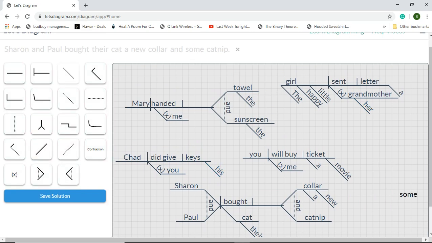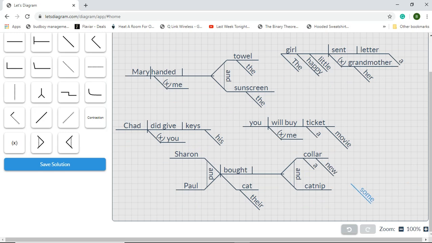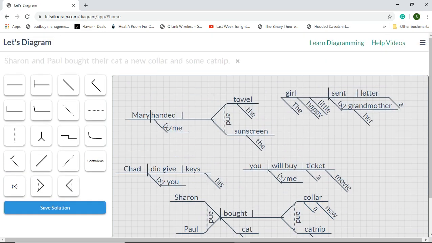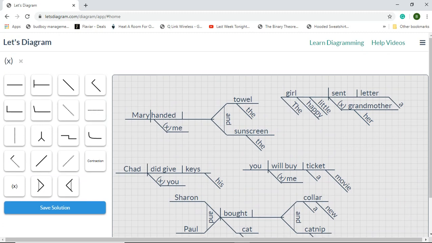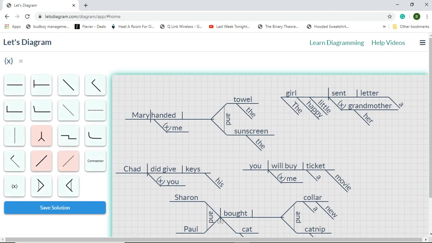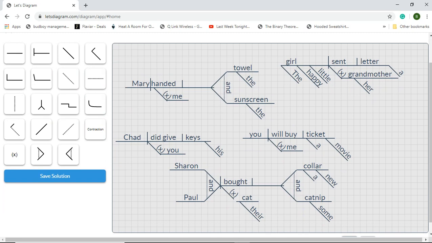Some is an adjective modifying catnip. It's telling you they bought them some catnip. Good. Now let me do this because I forgot to put my indirect object X. That gets rid of the preposition. So the preposition, we have the X right here. Good.